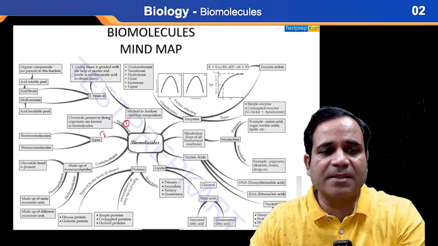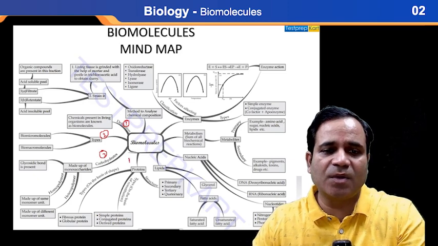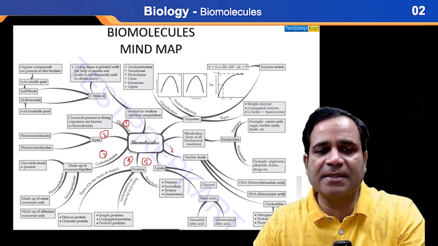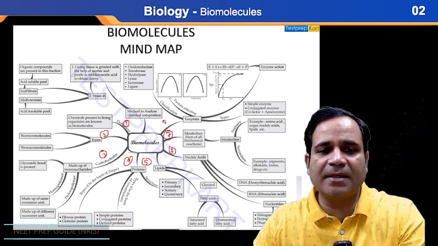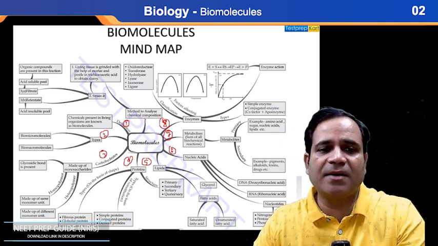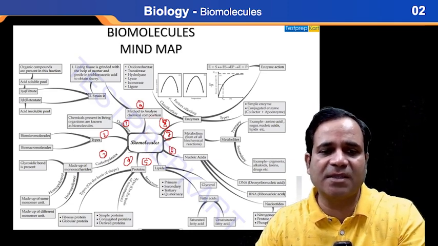Then we discuss types. Then in biomolecules we discuss carbohydrates, then proteins, then lipids, then nucleic acids, then metabolism, a very important term, and number 8, enzymes. This is very important. And then we study methods to analyze chemical composition. Here are the 9 main branches of this mind map, my dear.